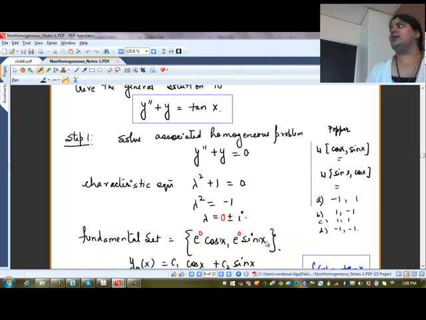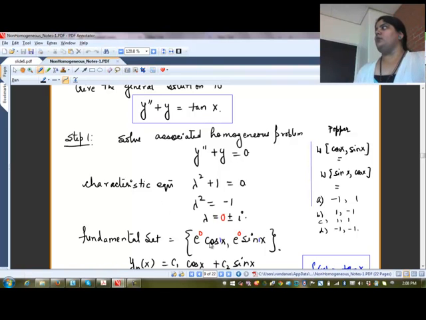So cosine x and sine x will form the fundamental set. The moment you pick your y1 and y2, fix it. Don't then change that further in the calculation: this is my y1 and this is y2, because order matters. You have to keep it, because in the Wronskian order matters. If you change the order, the Wronskian will have a negative sign.